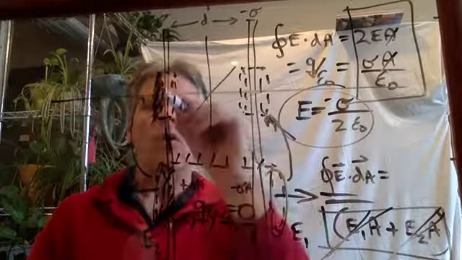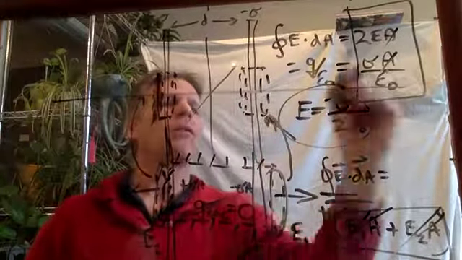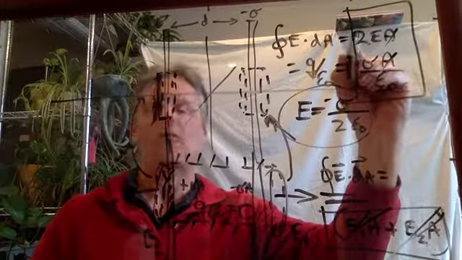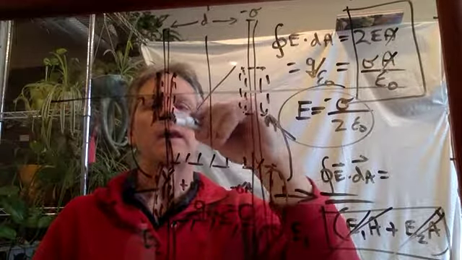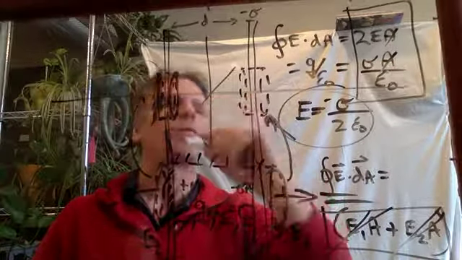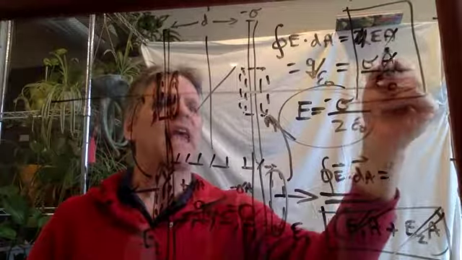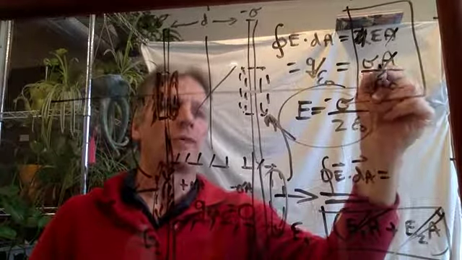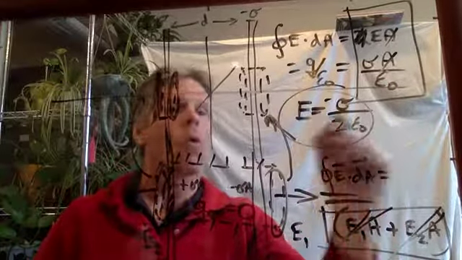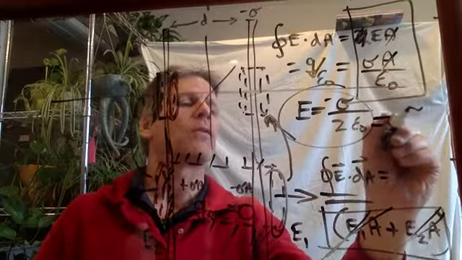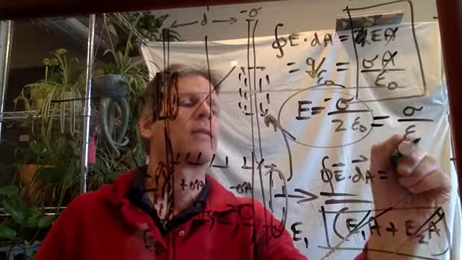The E is 0 out here. So if there's a 0 out here, then we don't have a 2EA. We're only getting a contribution from this surface right here, so we can just get rid of that. We can say EA equals sigma A over epsilon 0, or E equals sigma over epsilon 0.